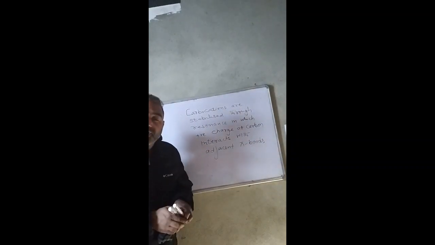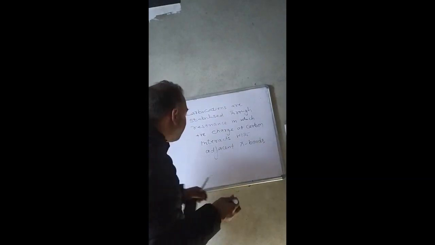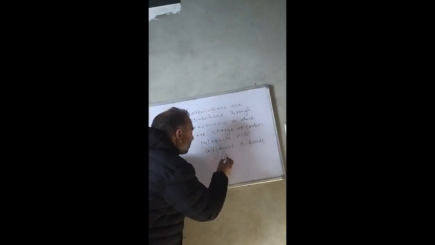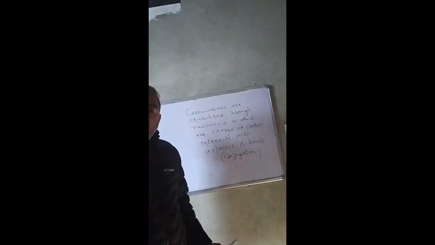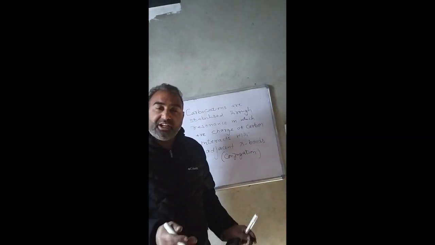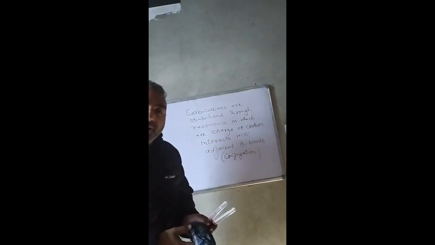That interaction between positive charge and adjacent pi bonds we call conjugation, which stabilizes the carbocation.